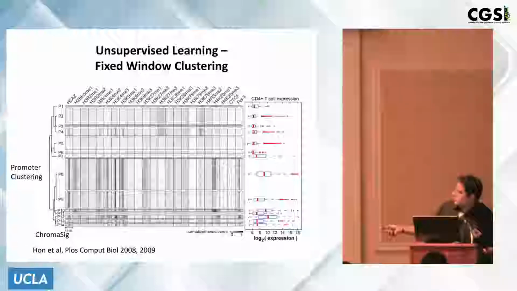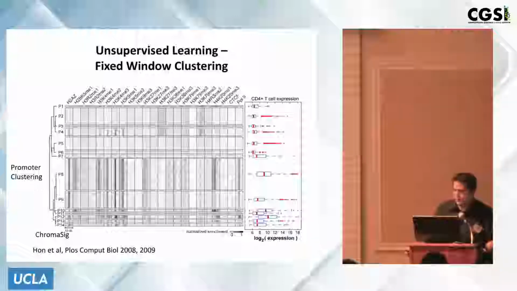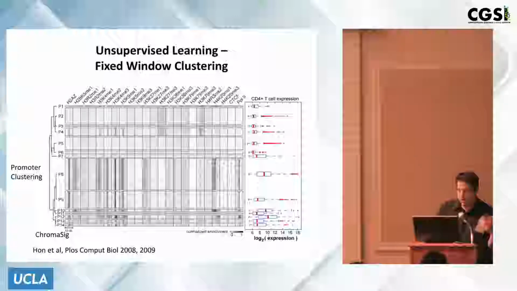In this case, they were clustering all the promoters based on a set of histone modifications for fixed windows. It's useful, but it has the limitation that not everything fits into one uniform fixed window length, and a lot of locations aren't getting assigned to a specific cluster.